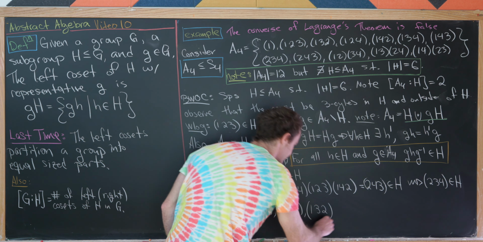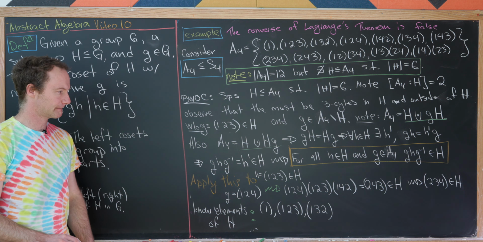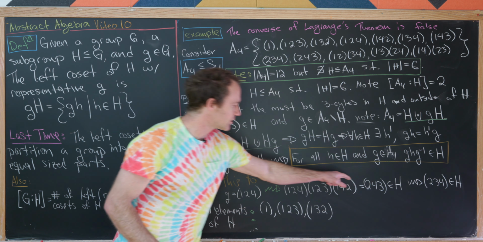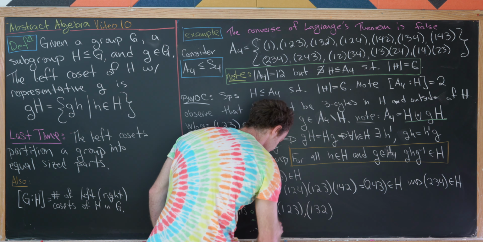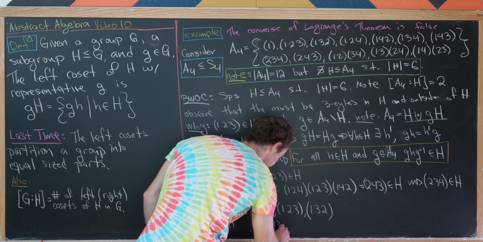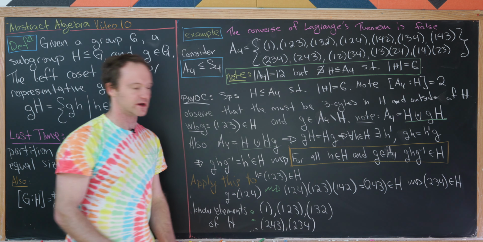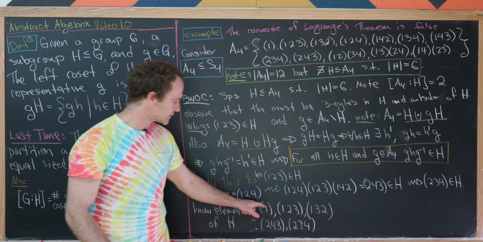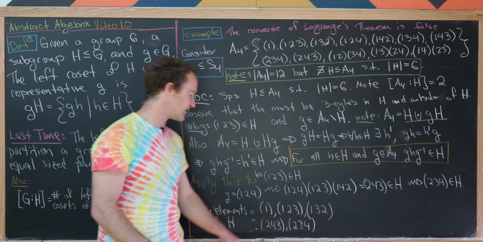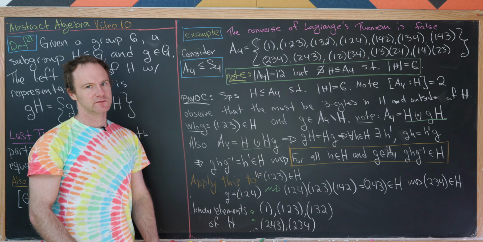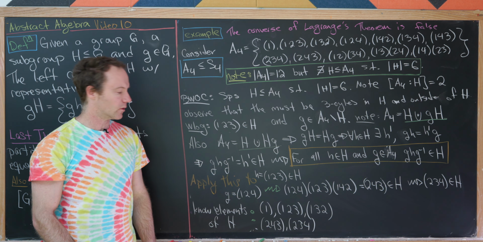Oh, but we just determined that (2 4 3) is in there. And then by inverses, we know that (2 3 4) is also in there. So that gives us 1, 2, 3, 4, 5 elements. But that means we've only got room for one more element.